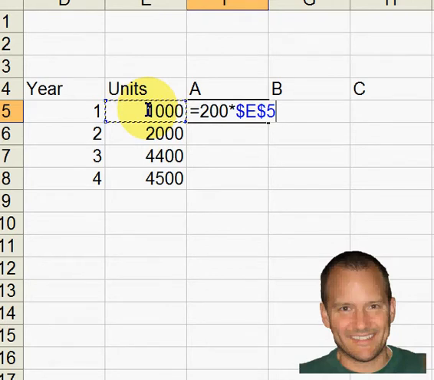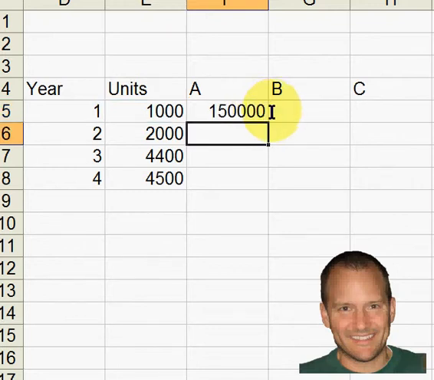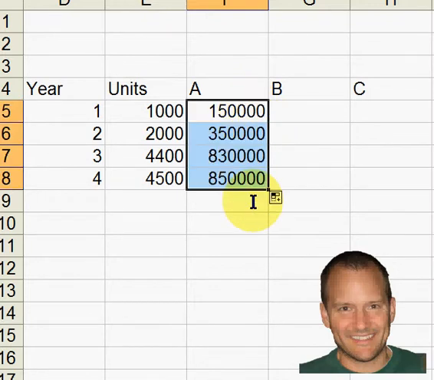And then actually, let's not lock it down there. Let's go ahead and lock it down after we've done that so that we can copy it across to the right. So let's multiply that times 200, and then what we're going to do is subtract our fixed cost, which was $50,000 in this case. So we know in this case that we have $150,000 in profit in the first year with plan A. We're going to just copy that down.